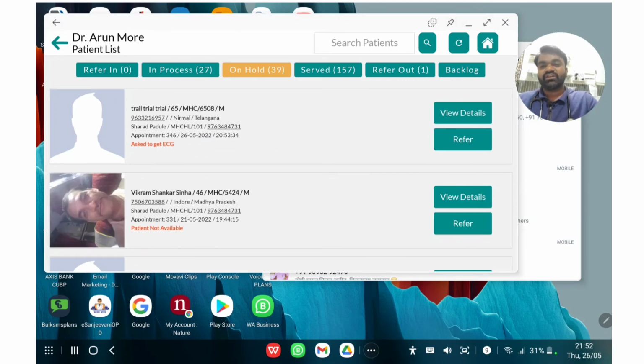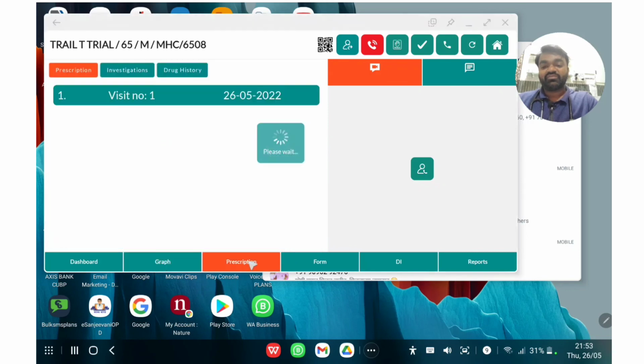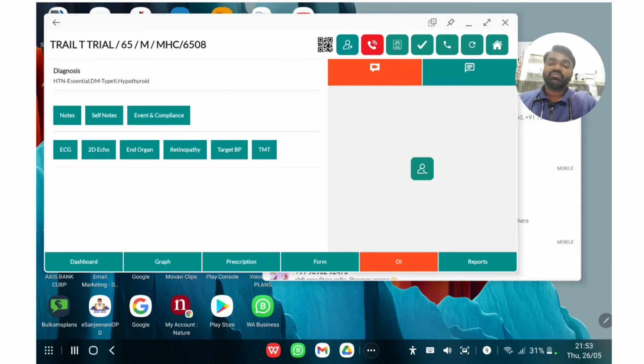So the patient is over here on hold, and the reason reflected is ask to get the ECG done. The patient is on hold for whatever time it may be, and that is reflected there. If you want to check the patient again and look at the details, just go inside. Now the view details will be there, and you can work with the patient again in whatever way you want.